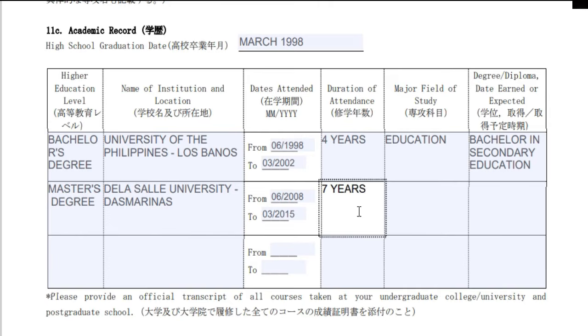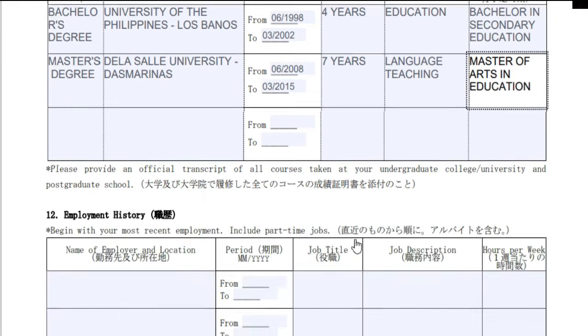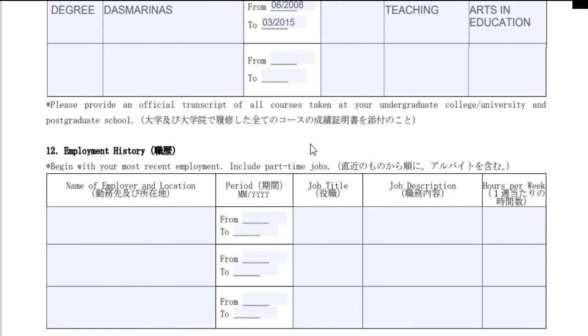I don't know, this is just an example. Let's say major field of study, language teaching. And then your degree or diploma, Master of Arts in Education. There you go. And then let's go to the employment history.